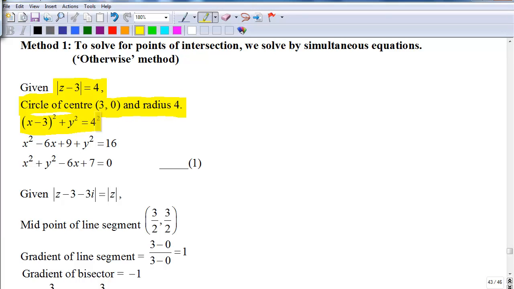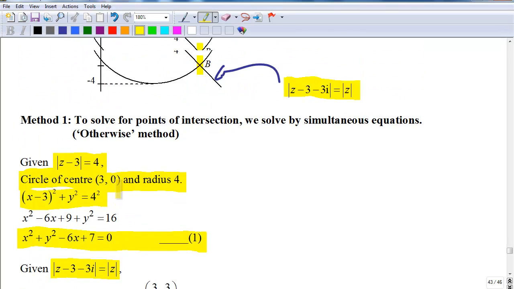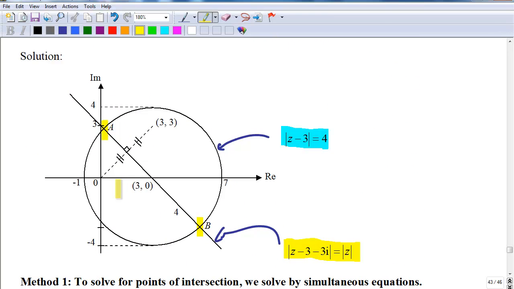So that gives you this equation, and then you can simplify it to equation 1 here. Now the second equation is a straight line. It's a perpendicular bisector of these two points, 3i and the origin. Now if you go back to the diagram, how do you find this straight line?